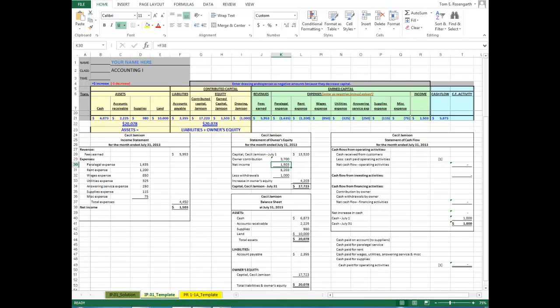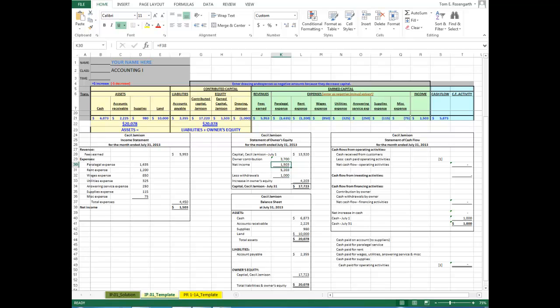From here, we will accumulate the balance from cash, from accounts receivable, from supplies, from land, and add the total of these assets to accumulate to a total of $20,078, which equals the amount in our spreadsheet.